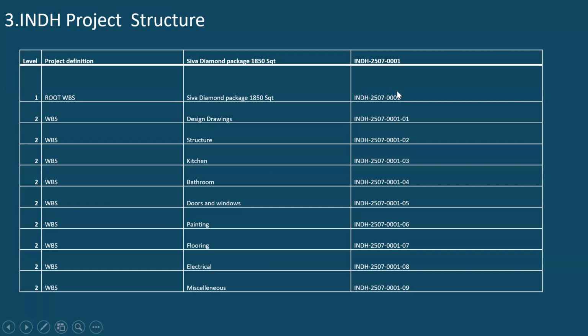If you have a different project requirement, like different line items in the sales order, not directly at the project level, let us say I want to record my billing at design drawings, structure, kitchen, bathroom, then all those must be billing elements. Then the result analysis you need to run at different WBS elements.